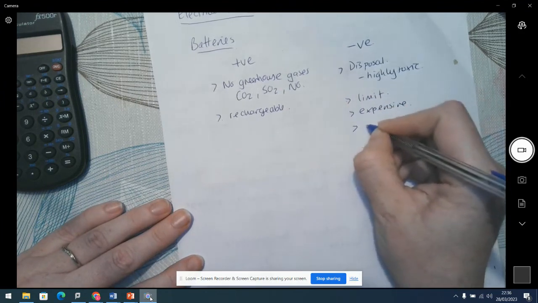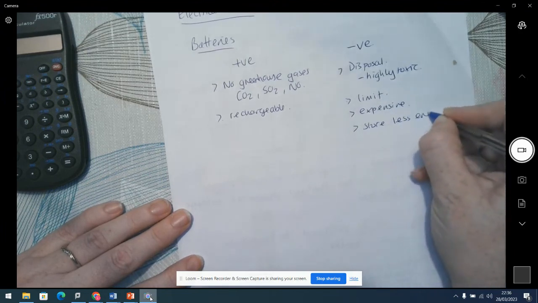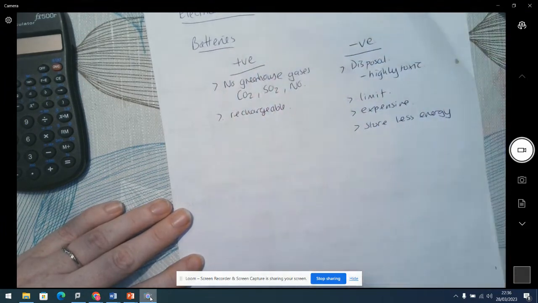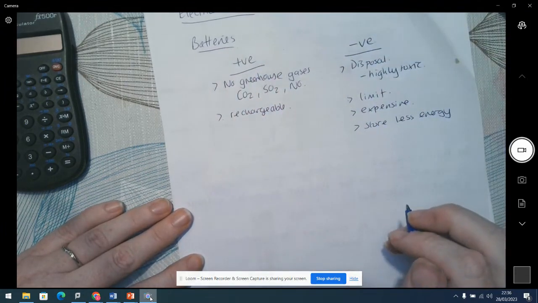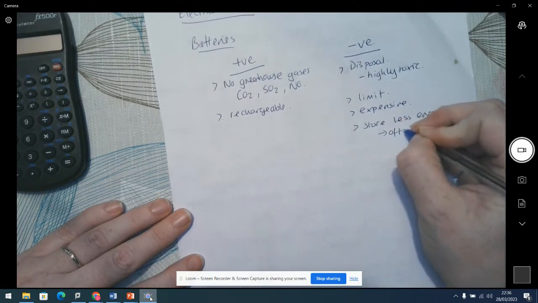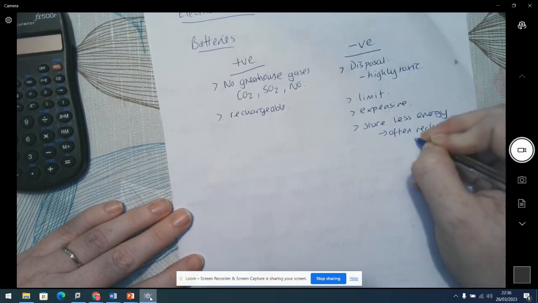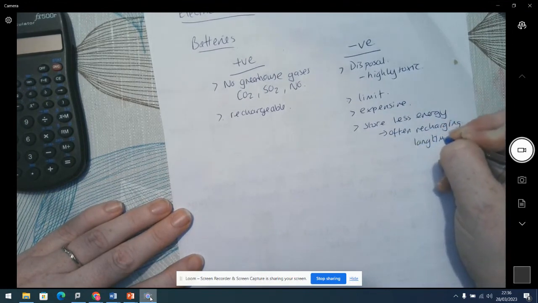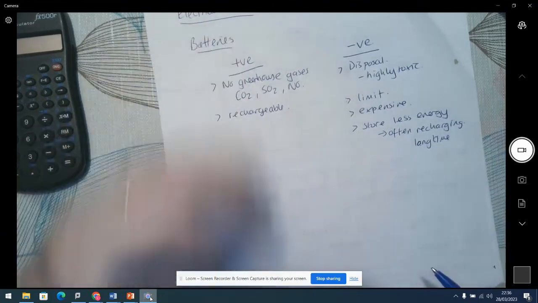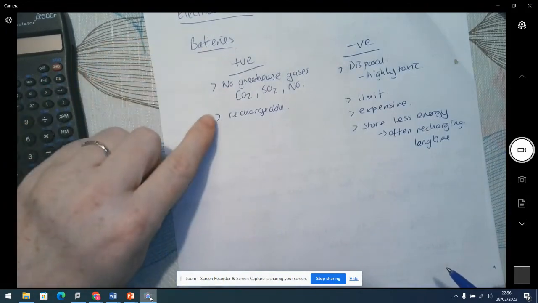Batteries also store less energy, which is why they have to be recharged, and they don't generally last a very long time before they need to be recharged. So they store less energy, so they often need recharging, and that in itself can take a long time, which can be a negative. So good things is that it doesn't produce greenhouse gases, therefore global warming, etc.